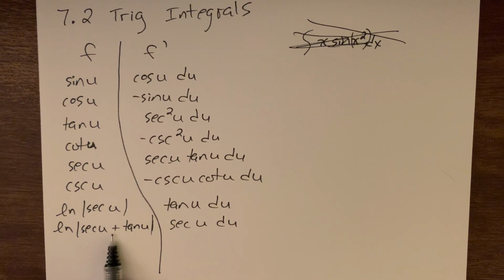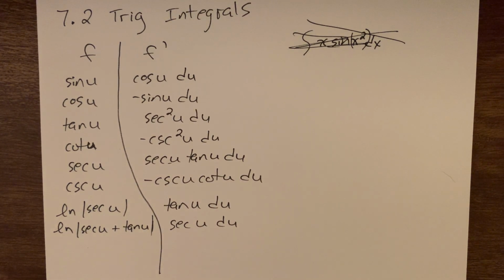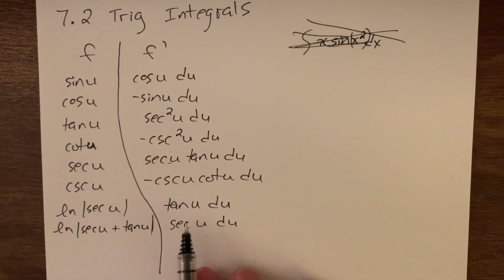Similar things would happen. We'd end up getting negative out in front, the log of cosecant plus cotangent. But pointing that out so that if it ever came up in the future, you could find those antiderivatives and use similar techniques. But you also notice the book really focuses on these 2 a lot more as well.